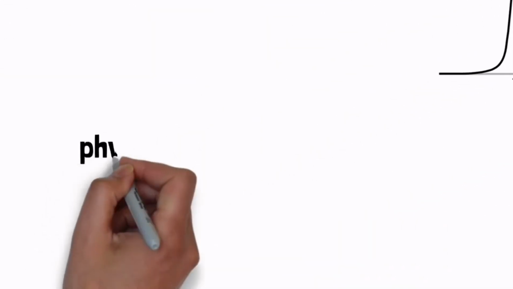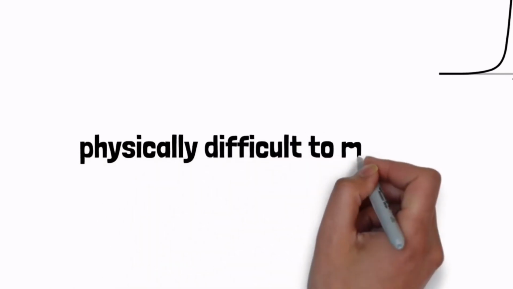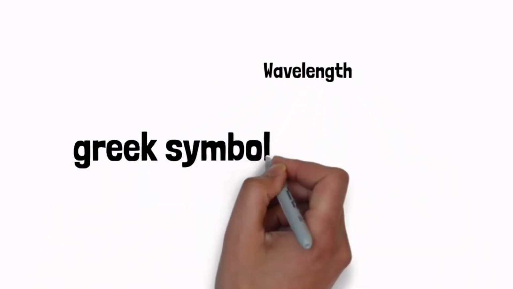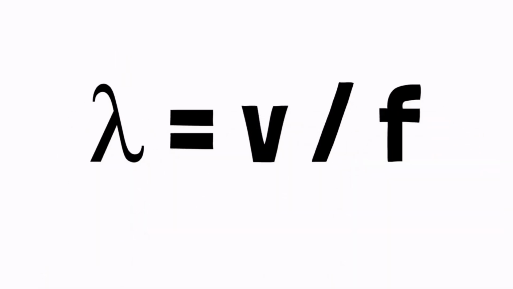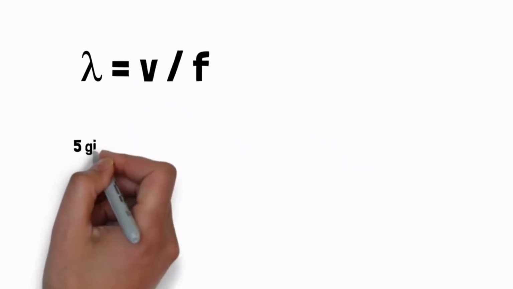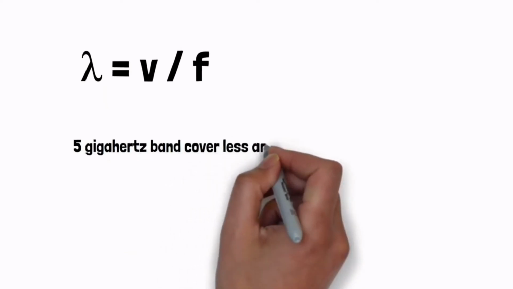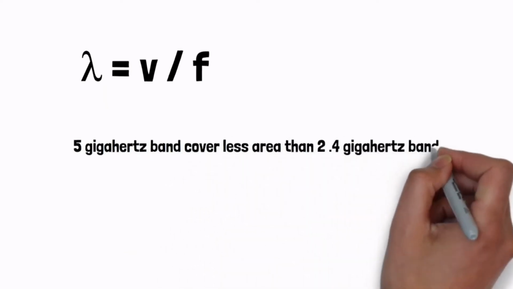Now, these RF signals are physically difficult to measure as they travel through empty space, so wavelength is a unit to measure how far the waves travel. The wavelength is denoted by the Greek symbol lambda. Wavelength is inversely proportional to frequency, which means the higher the frequency, the lesser the wavelength, which is why the 5 GHz band covers less area than the 2.4 GHz band.